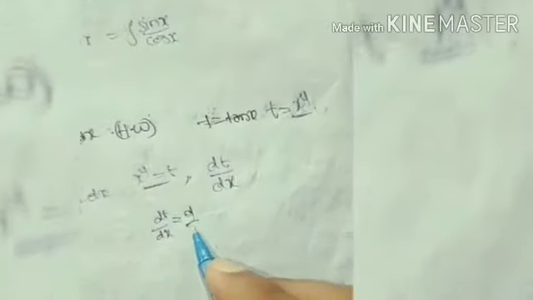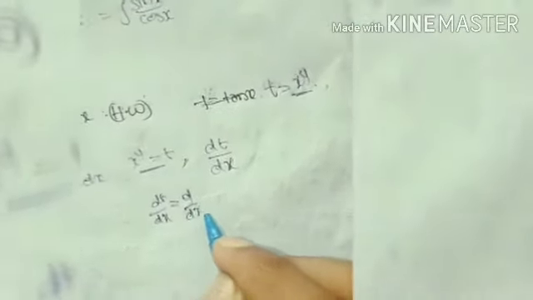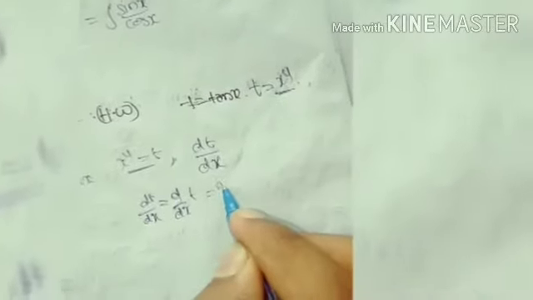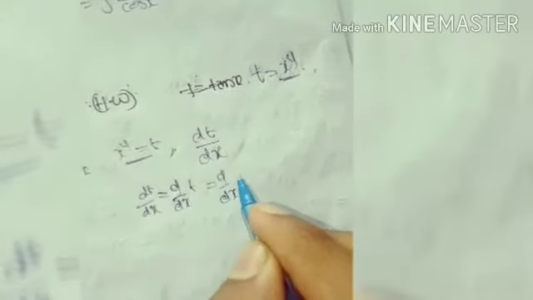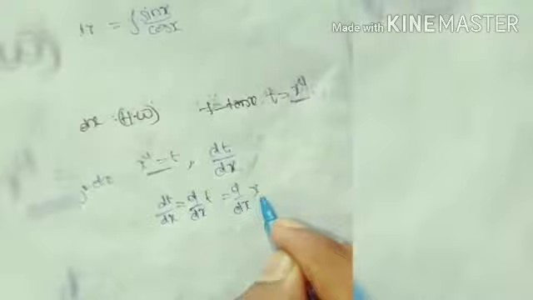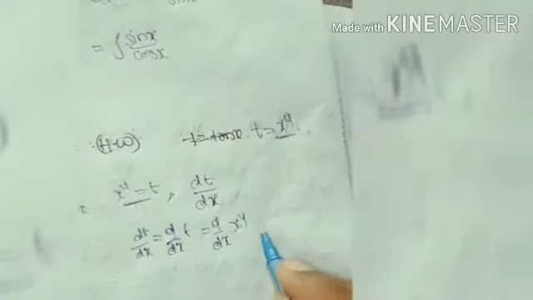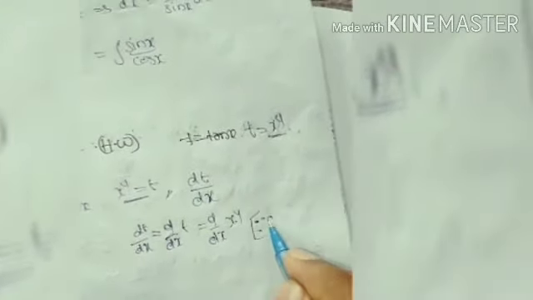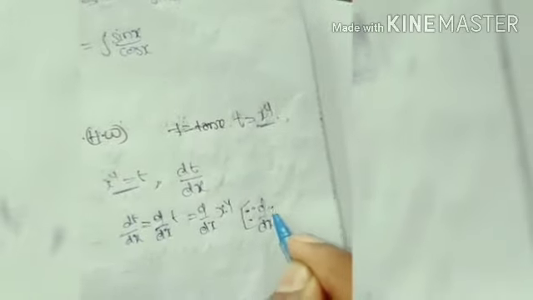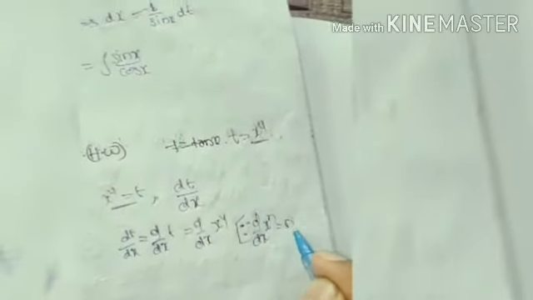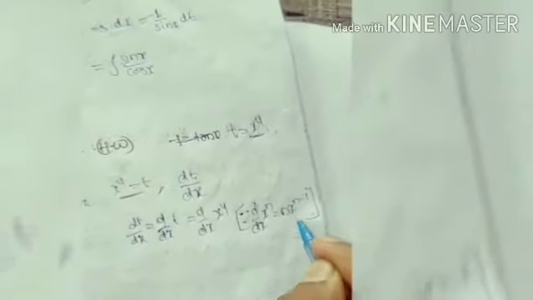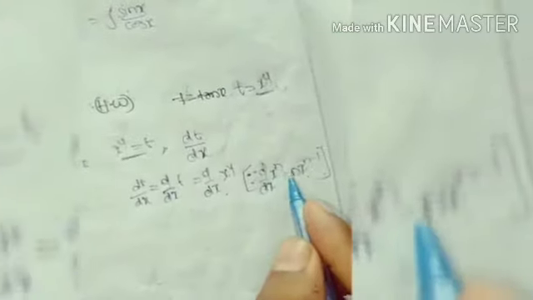So dt by dx is equal to d by dx of t, that is, d by dx of x power 4. As per our formula, d by dx of x power n is n into x power n minus 1. So substitute in this formula.